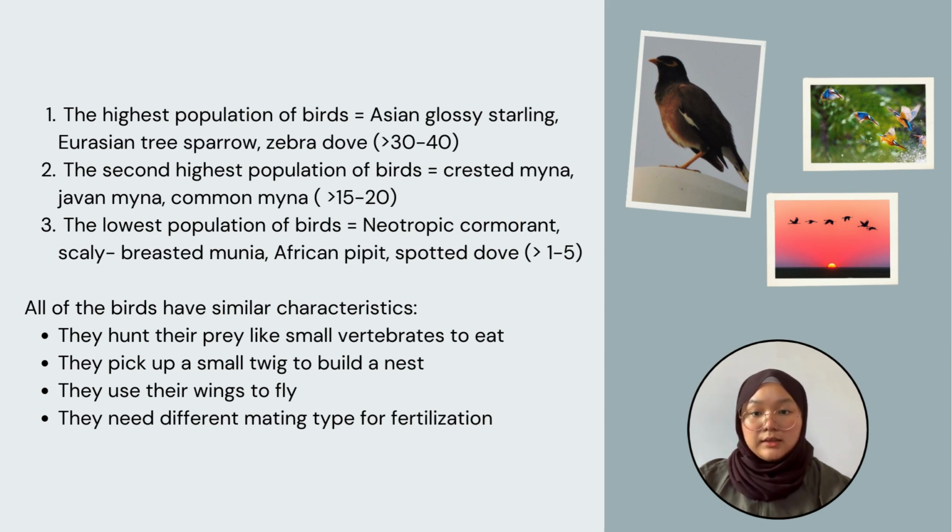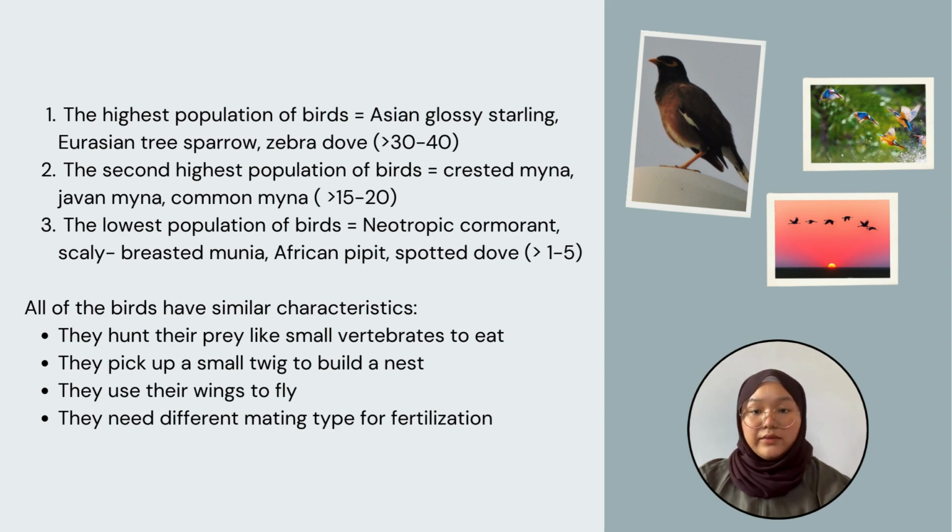The second highest population is crested myna, Javan myna, and common myna, for about 15 to 20. The lowest population is Neotropic cormorant, scaly-breasted munia, African pipit, and spotted dove, for about 1 to 5.